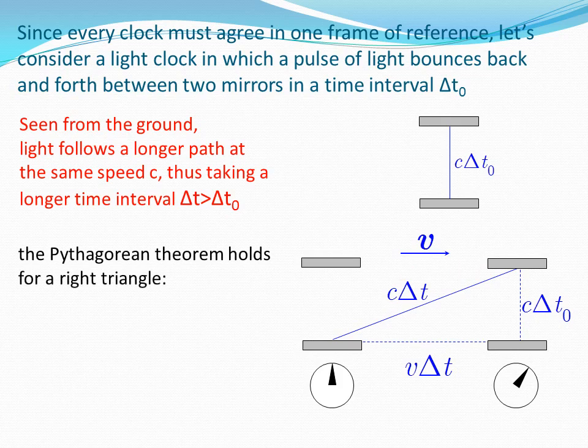Now, in a right triangle, the Pythagorean theorem holds, so that we have (c delta t) squared minus (v delta t) squared, this hypotenuse squared minus this cathetus squared, equals the other cathetus squared.